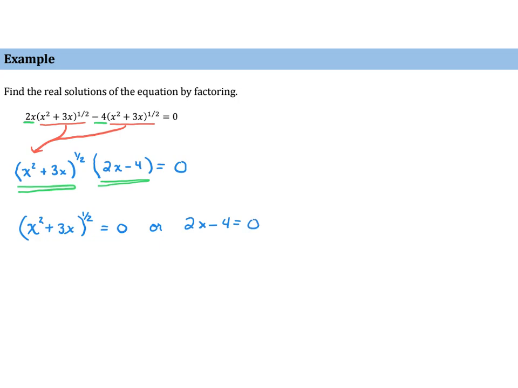Well, to the 1/2 power is the same thing as square root. So I can undo that 1/2 power by squaring both sides. So x squared plus 3x would equal 0. And I can factor that by taking out a factor of x.